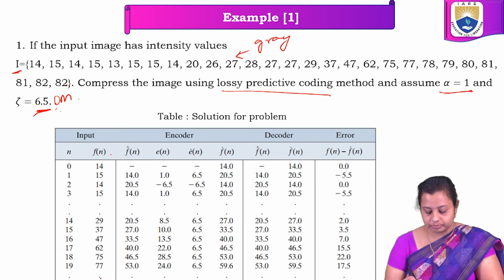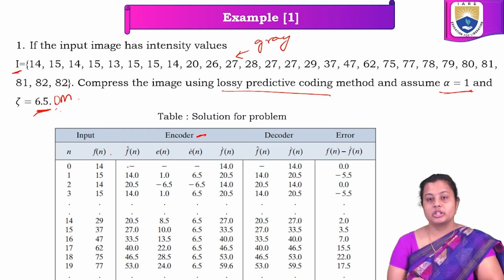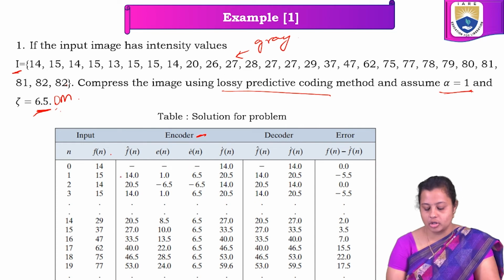Now, at my encoder stage, what is my predicted value? It is dependent upon my previous summation values. At my first input intensity value, which is 14, I don't have previous predicted values, so this is 0. So my final predicted value f dot is now 14.